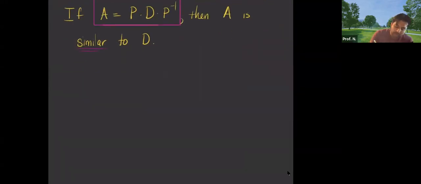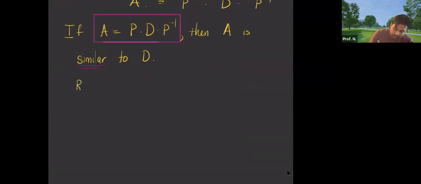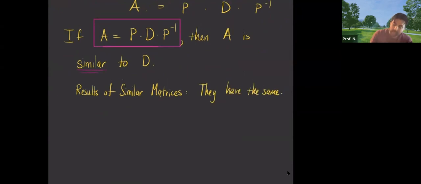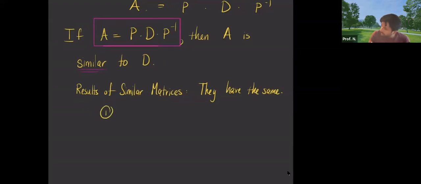If they're similar, we have certain results. The results of similar matrices is that they have the same many things. They have the same determinant. They have the same invertibility. So if one is invertible, the other one has to be invertible.